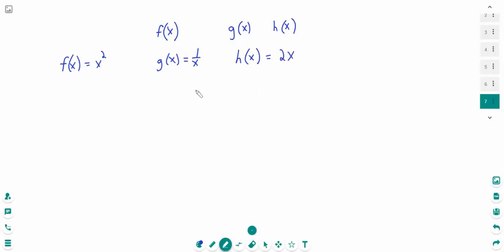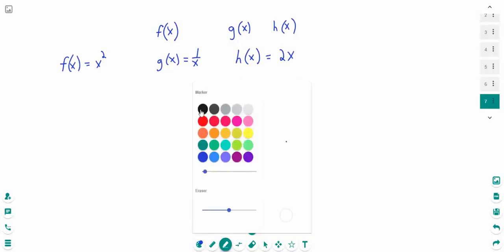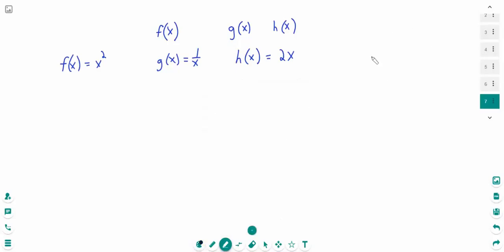Each one of these is a separate function, and they're just labeled differently. That way, if I say, given these 3 functions, find for me g of 1. If these were all labeled f of x, and I said find f of 1, you wouldn't know which one to plug the 1 into, right? So that's why we label them differently.